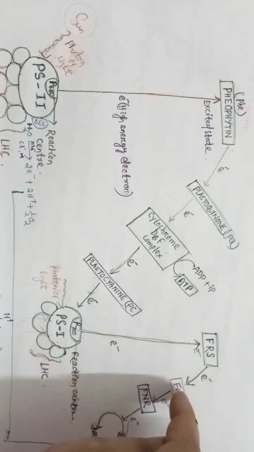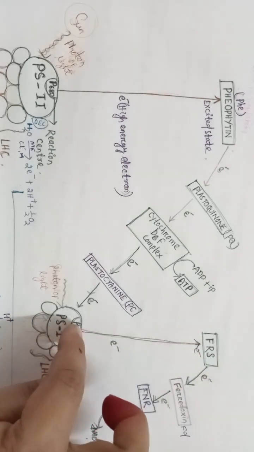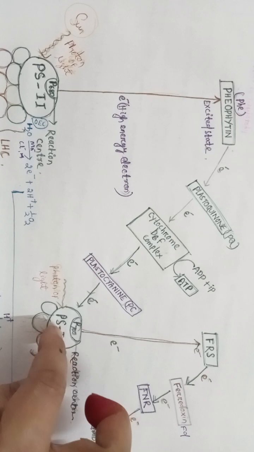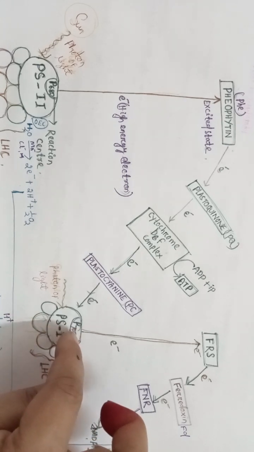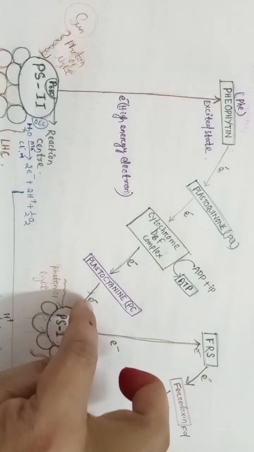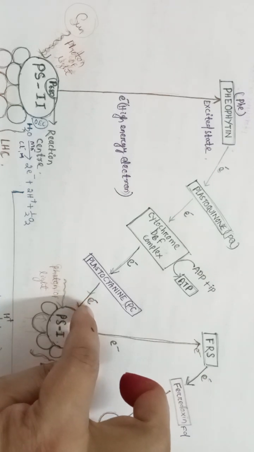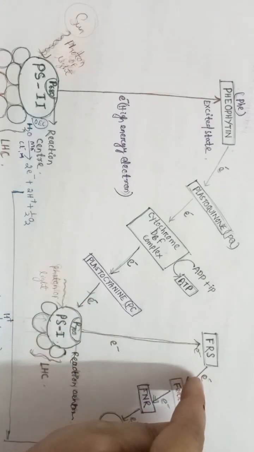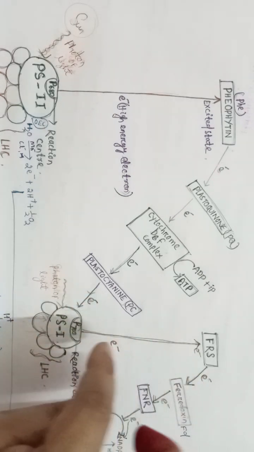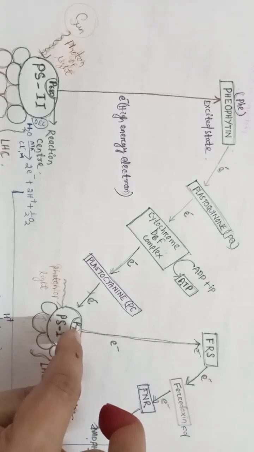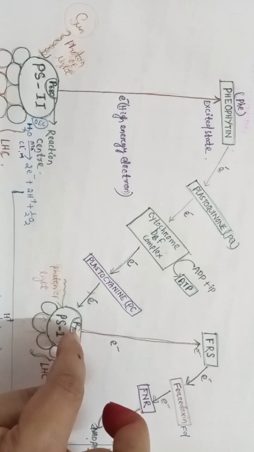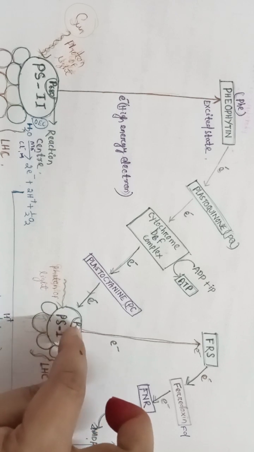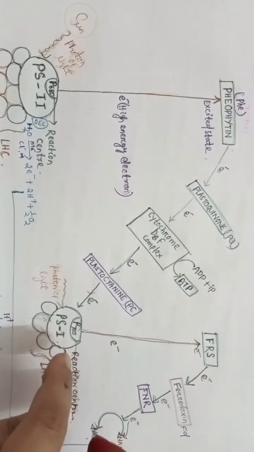Then the electron of the reaction center of photosystem 1, not this electron, okay, this electron is the one that comes from the reaction center of photosystem 1, that is P700.